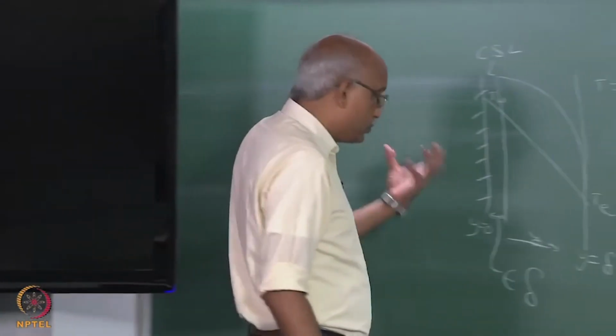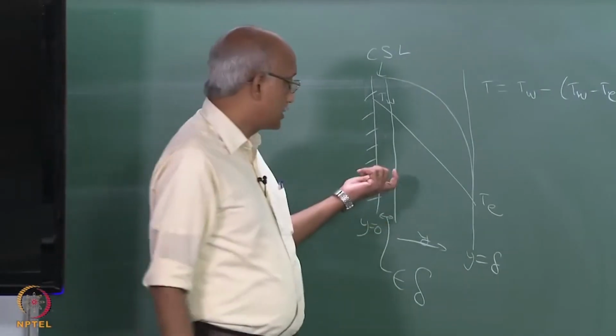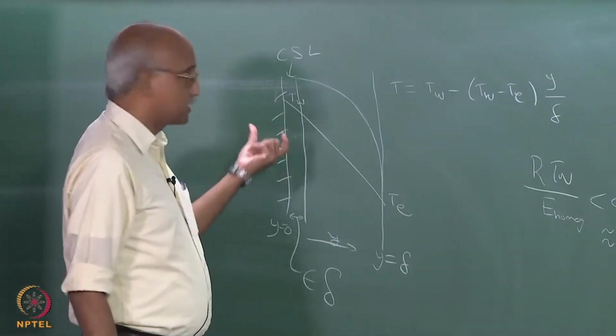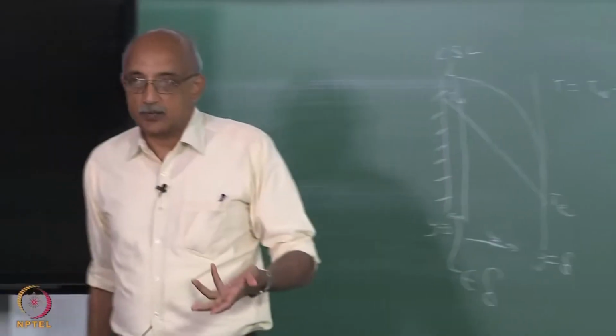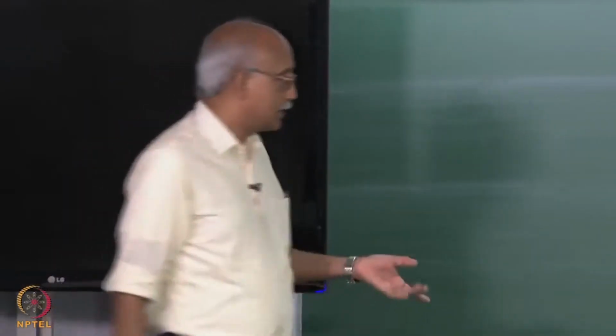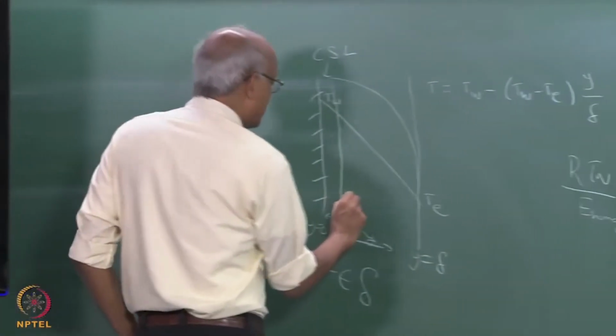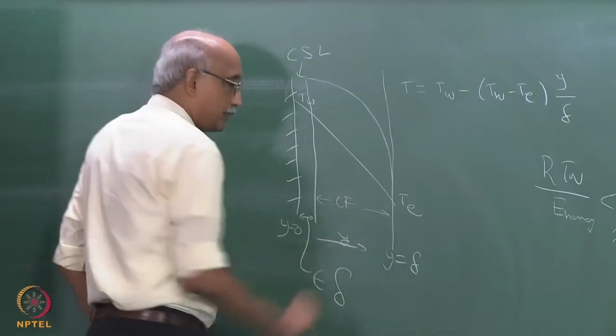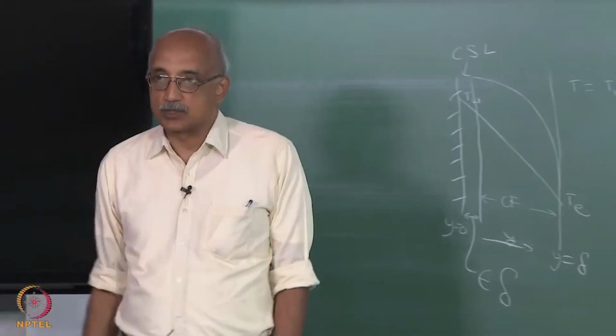So, now the new assumption is that within this chemical sublayer reactions are taking place. But outside of this chemical sublayer, you can still assume that the layer is chemically frozen.